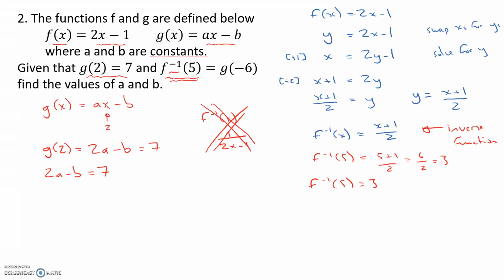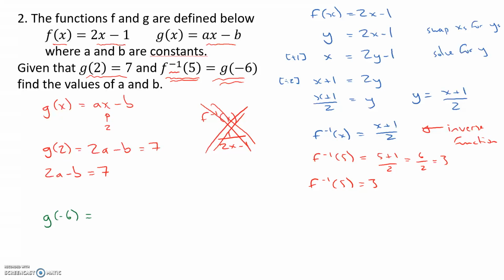Now what? f minus 1 of 5 is equal to g of minus 6. We've got more to do. Let's go for a green. So what's g of minus 6? Well, g of minus 6 means putting minus 6 into our g function.